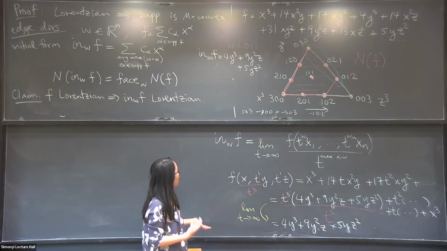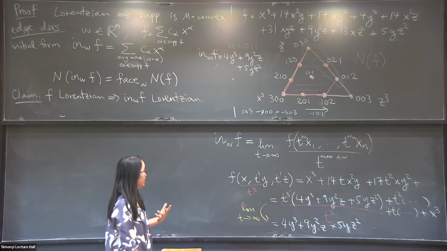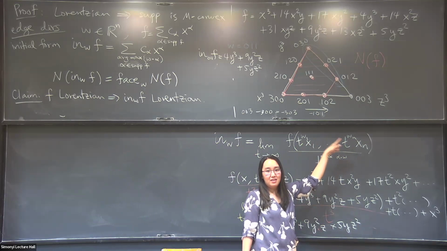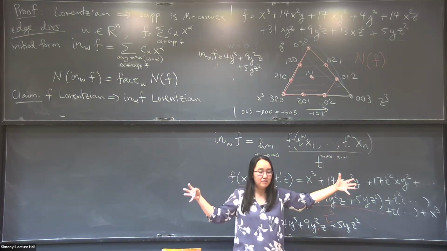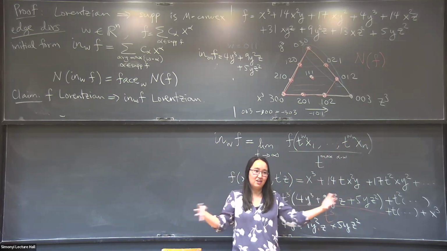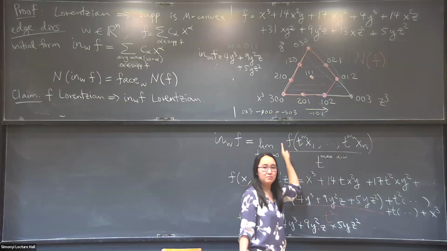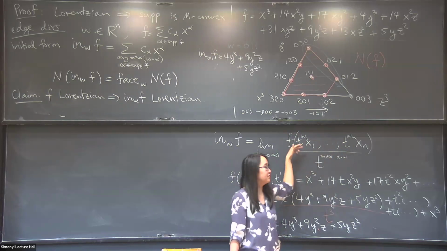Okay, and then let's see why it preserves the Lorentzianness, because all we have done here is scale the variable. If you scale the variable, that doesn't change the concavity, so this preserves the log-concavity of everything.